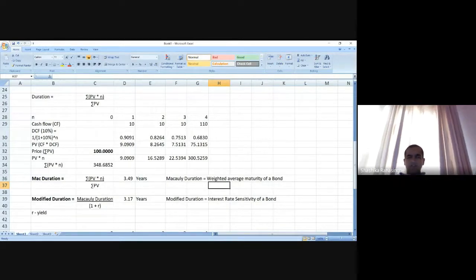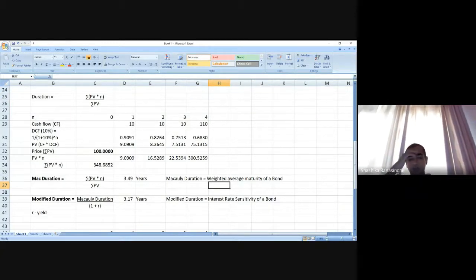You understood the question? What is the maturity of a 0 coupon bond which has the same interest rate sensitivity?